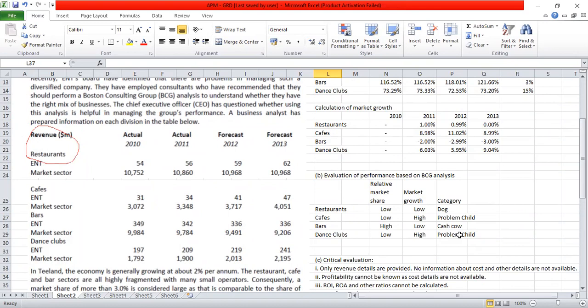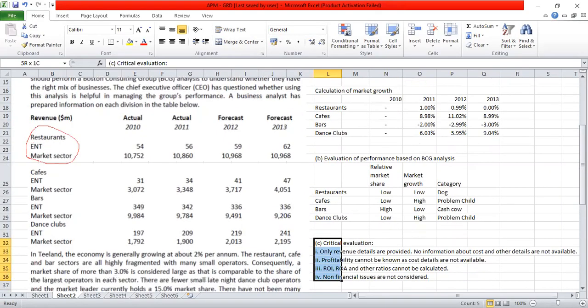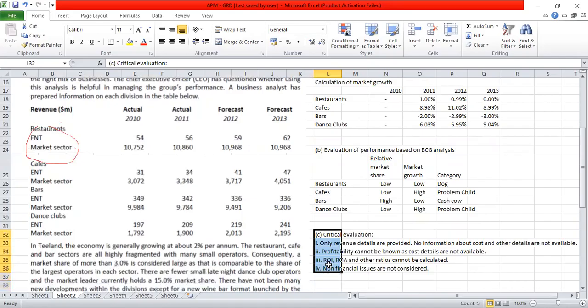Dogs have to be abandoned. Before we write the critical evaluation, we should also mention the scenario with restaurants. Restaurants fall under the category of dog, so dogs should be abandoned. Therefore, they have to think about withdrawing the investment from restaurants.